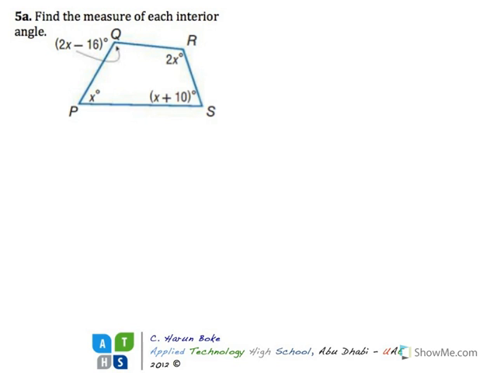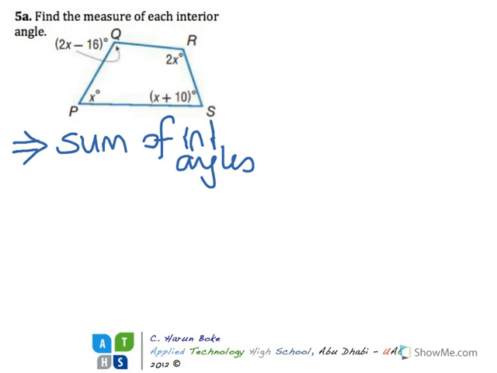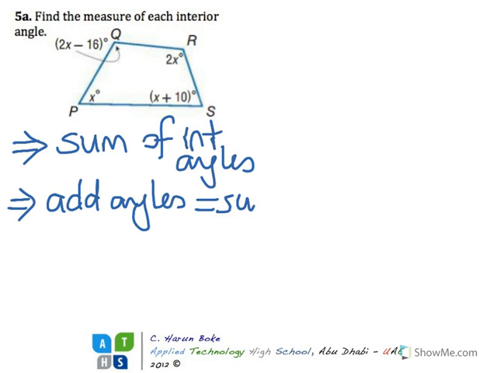Find the measure of each interior angle. Here's what we're going to do. First, we are going to find the sum of interior angles of this quadrilateral. Then we are going to add the angles and equate to the sum.